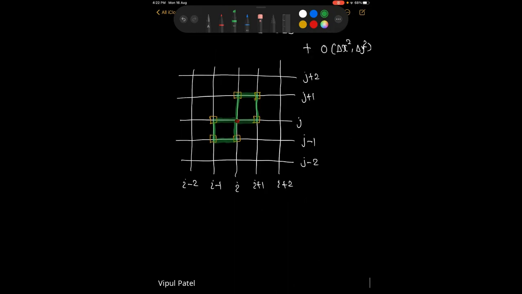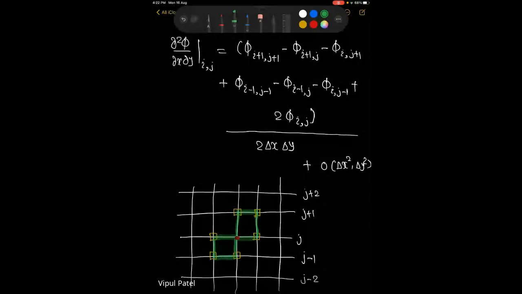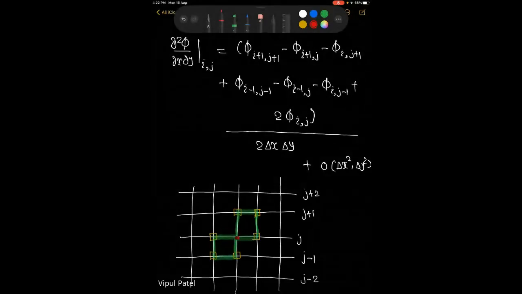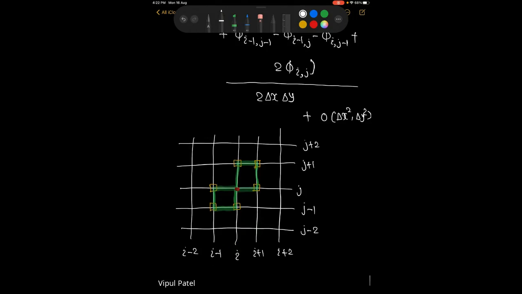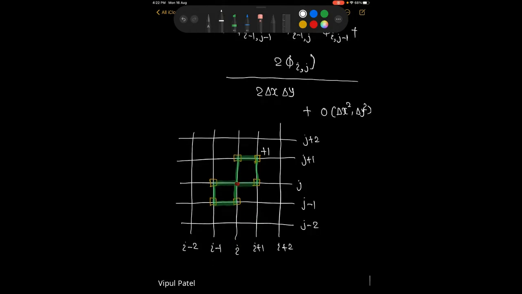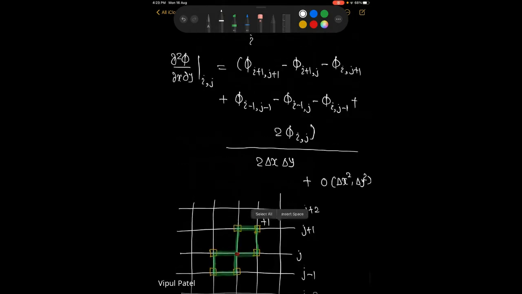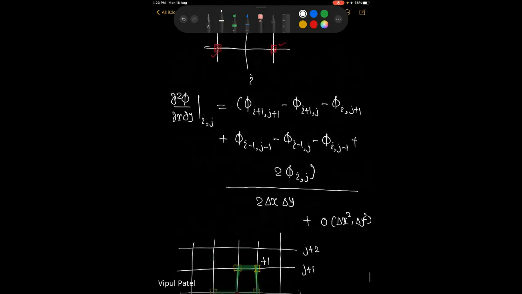If I look at the relative weightage, or the coefficient associated with all these terms, phi I plus 1 j plus 1 has a plus 1 coefficient. Then I plus 1 comma j has minus 1.